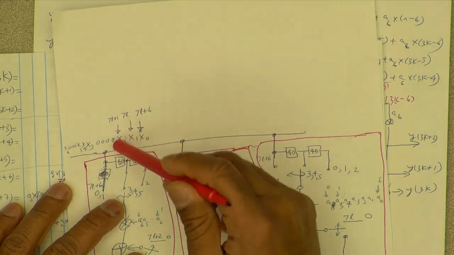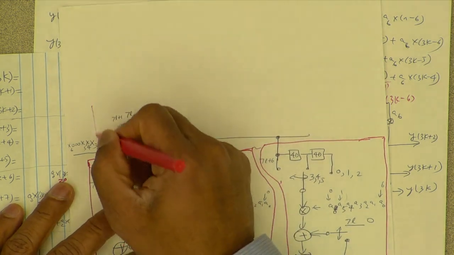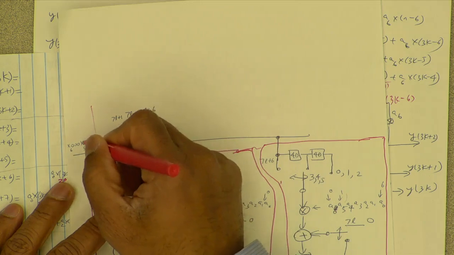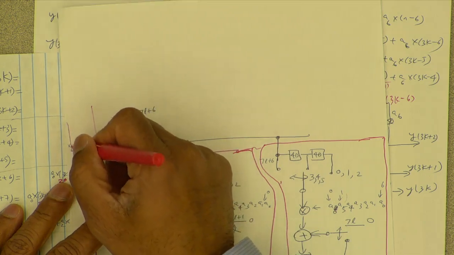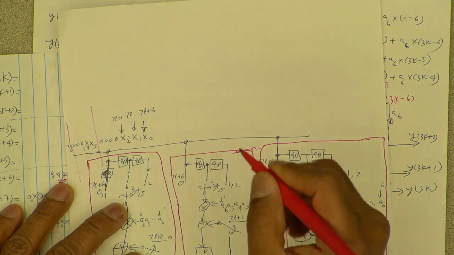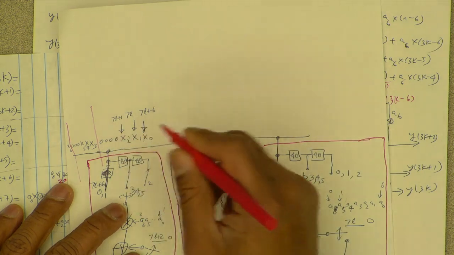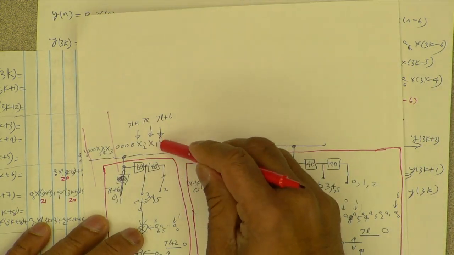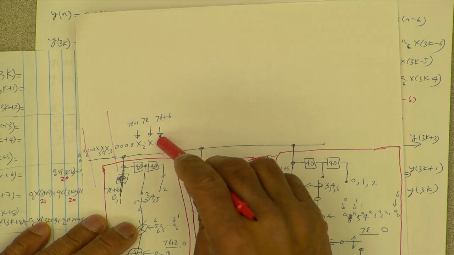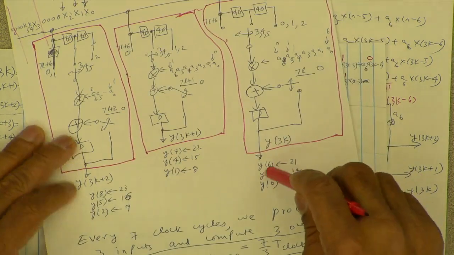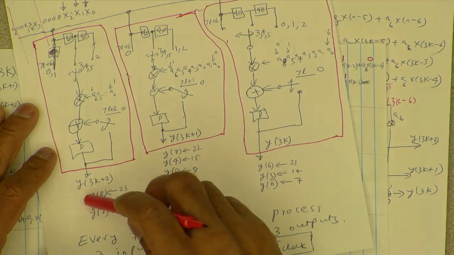And in clock cycle 7, after 7 cycles, we feed 3 more, and then dummy, and then after 7 more. So out of every 7 cycles we are processing 3 samples and computing 3 output samples.